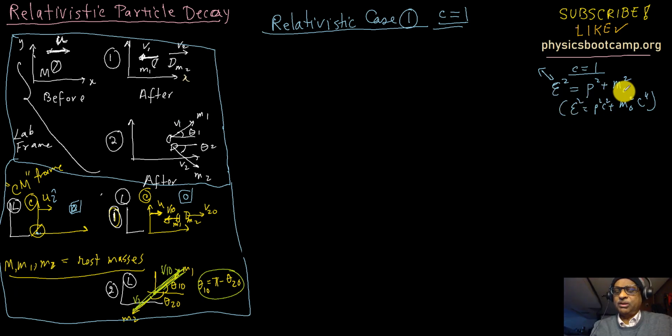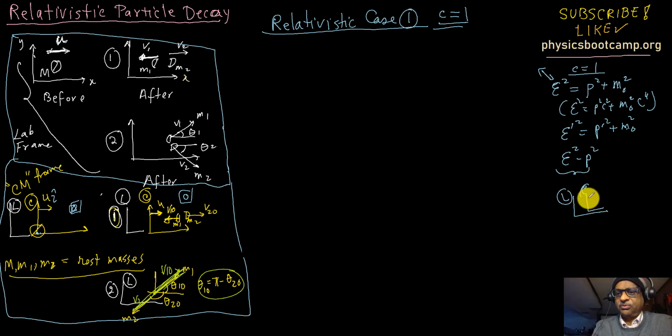So that's one of the important relations. It's any frame. So you can see that in another frame it is p prime square plus m0 square. So I can see that this is same. Prime will be used for two different frames. So E square minus p square in one frame; let this be the lab frame, and this is the other frame with some speed u.